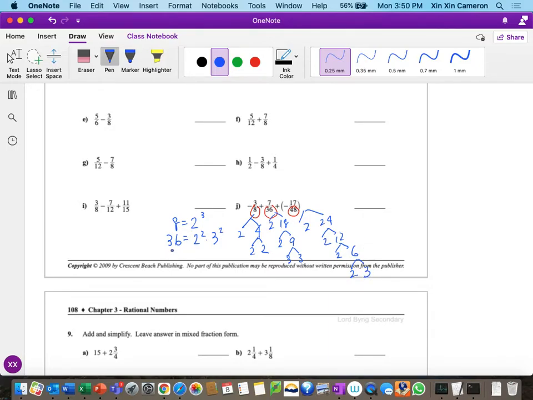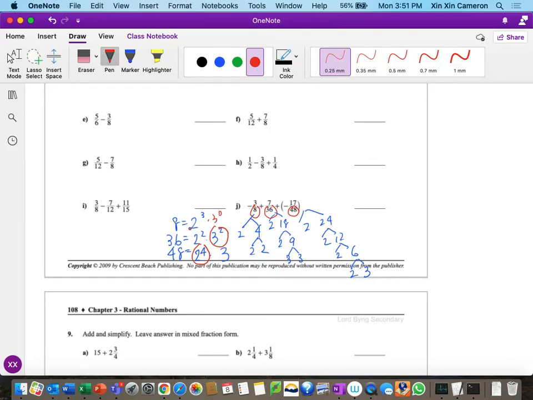Okay, 48 equals, wow, how many 2's here? 4. So 2 to the power of 4 multiplied by 3. Now see the highest is 2 to the power of 4 and 3 to the power of 2. Here it has no 3, but that means it's multiplied by 3 to the power of 0, right?